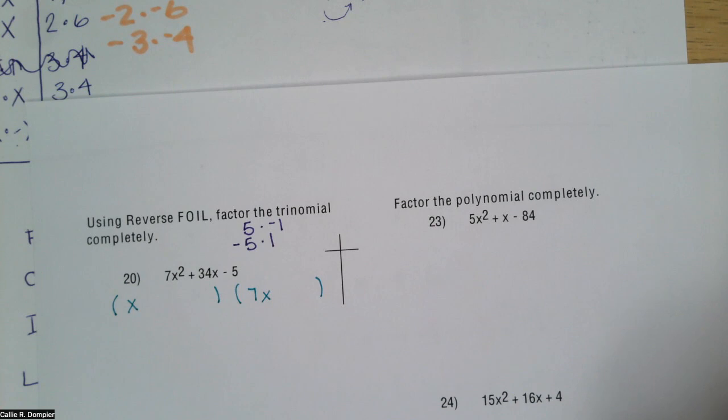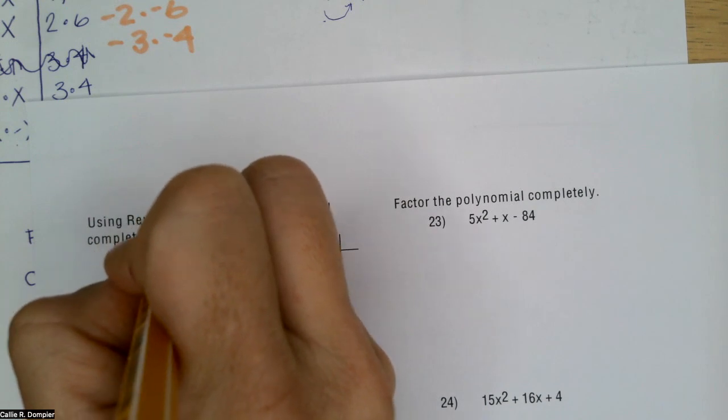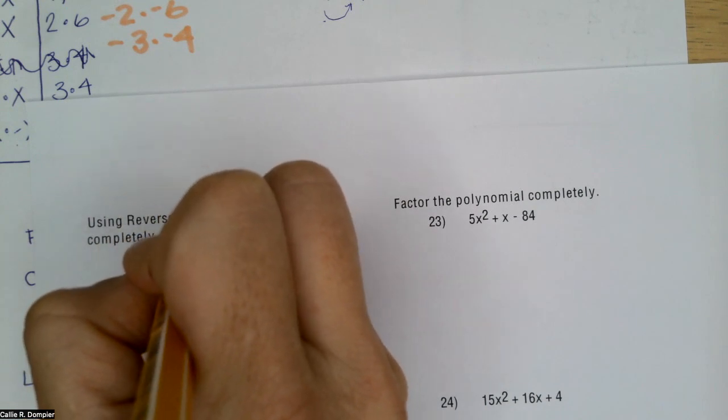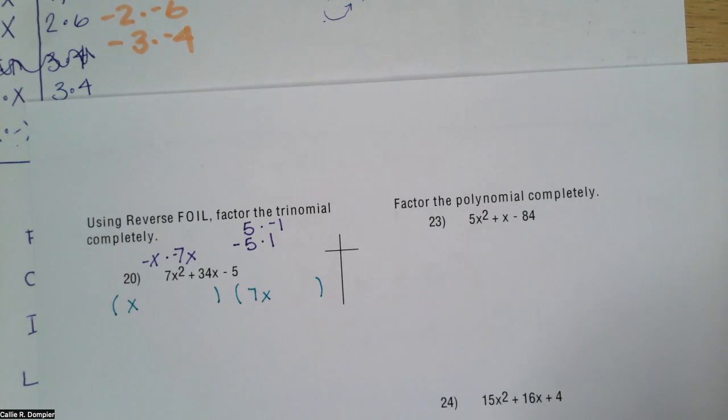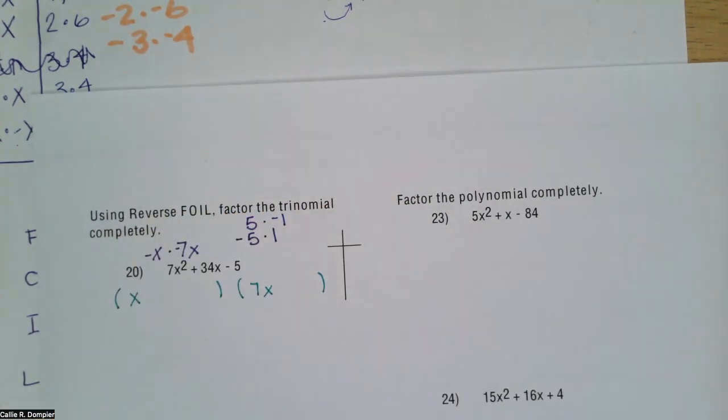That's it. And I guess 7x squared could be negative x times negative 7x, but it's not going to be that.